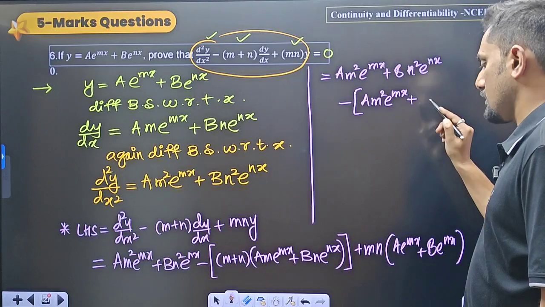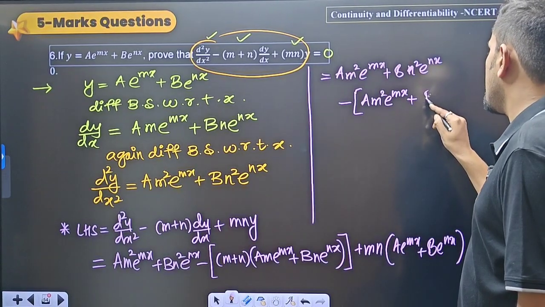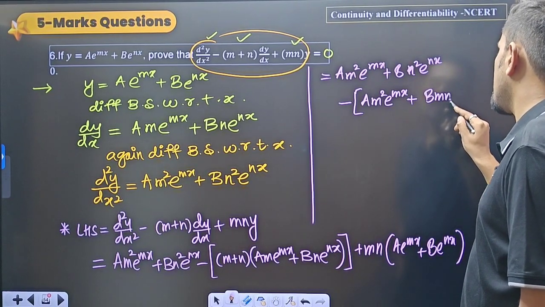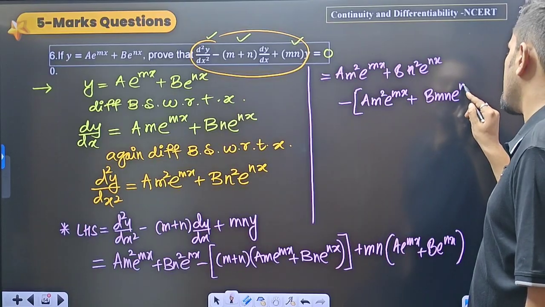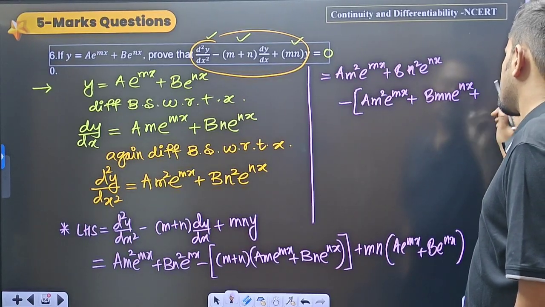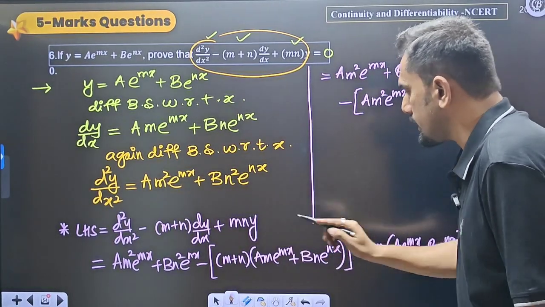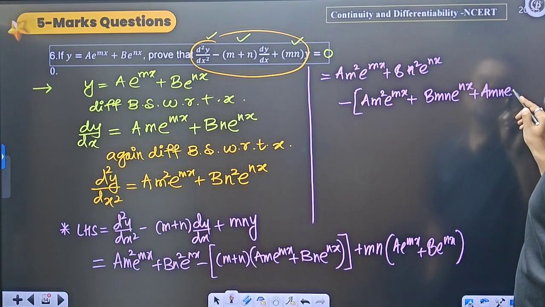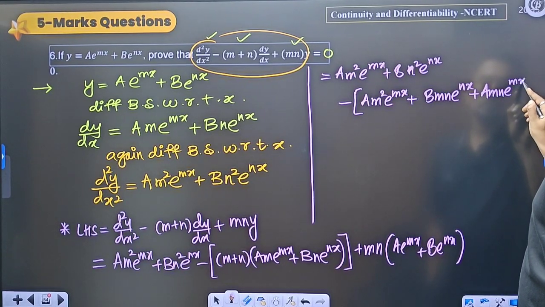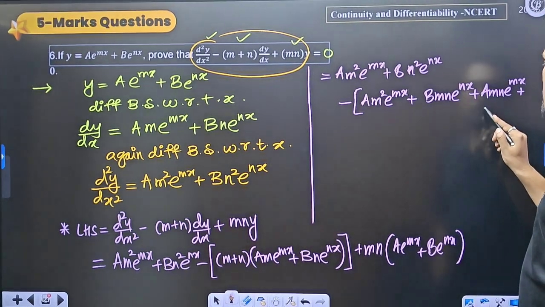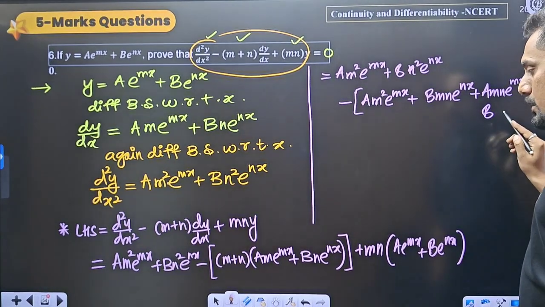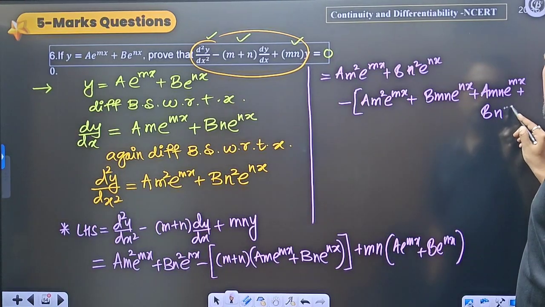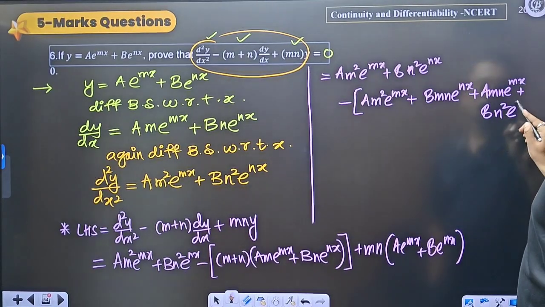Then plus b into m into n e raised to the power nx. Next, multiplying by n, a mn e raised to mx plus b n square e raised to the power nx.